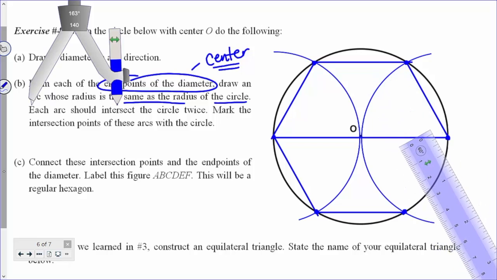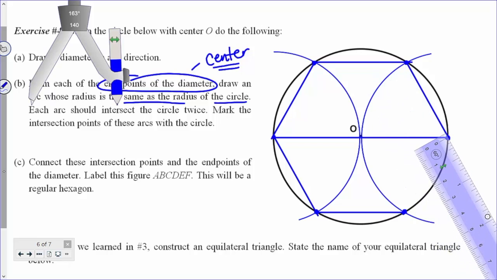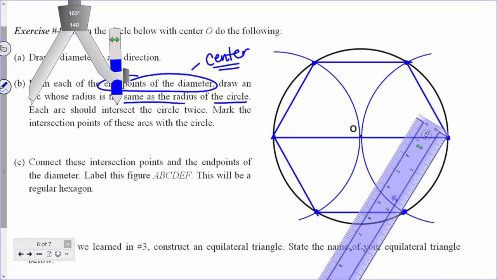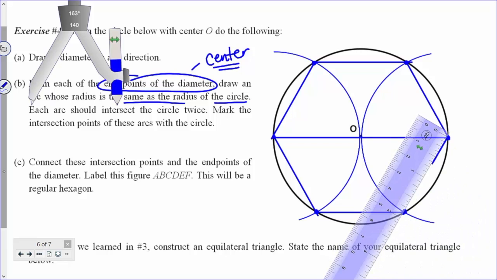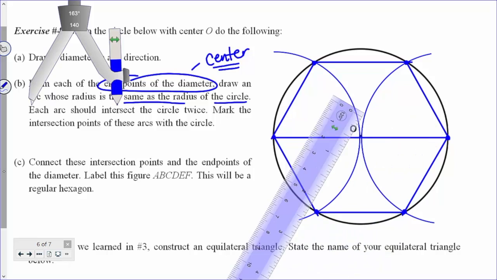Wasn't too bad. Getting a little bit better with the line tool.